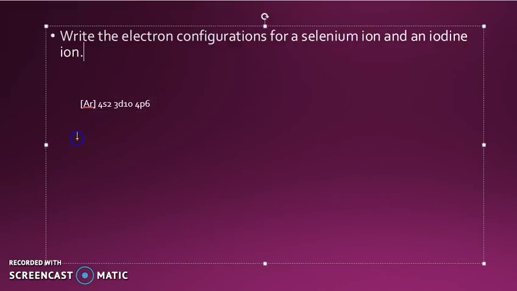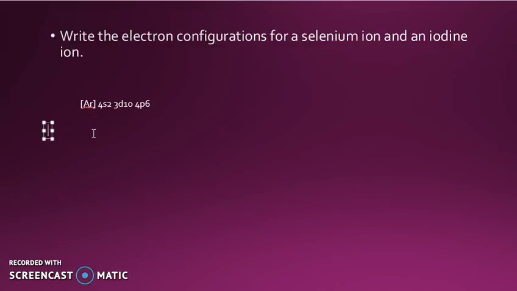All right, the iodine ion. Iodine is 53. If we look at the noble gas right before it, the noble gas preceding it is krypton.